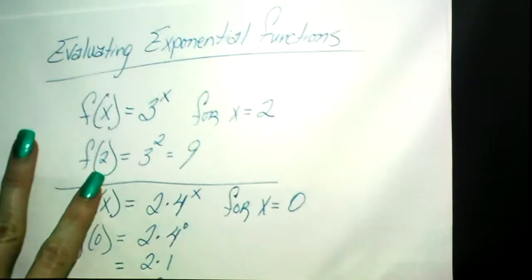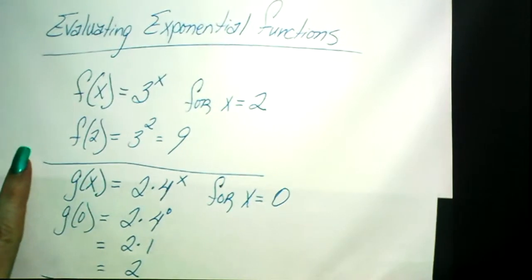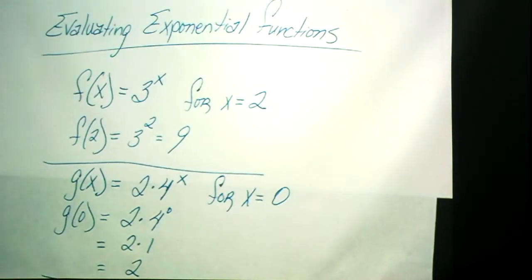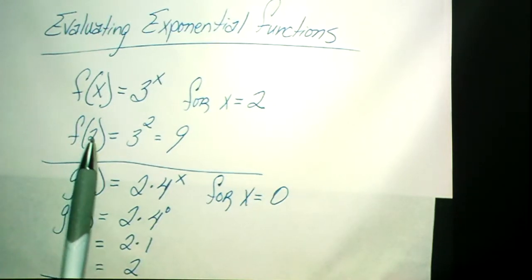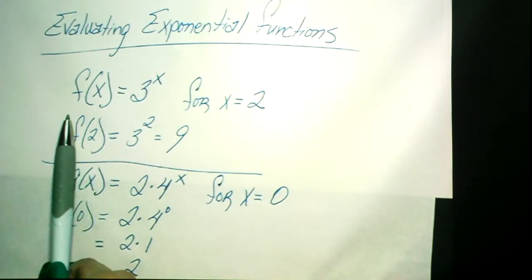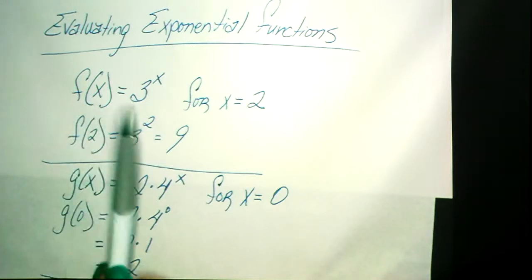Next thing we need to talk about is evaluating exponential functions. In your exercises, the assignment, it's going to give you some functions, and it's going to tell you to evaluate the function for a certain number.